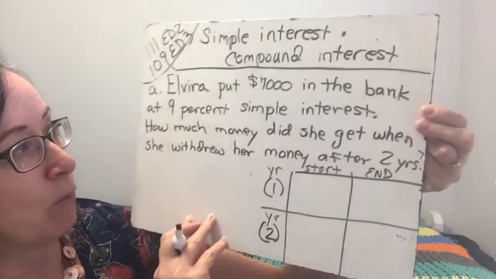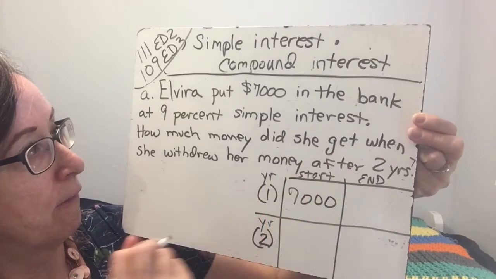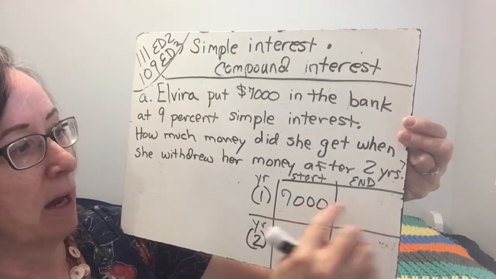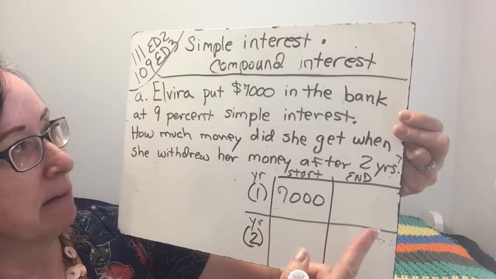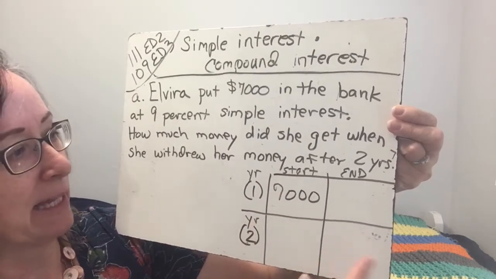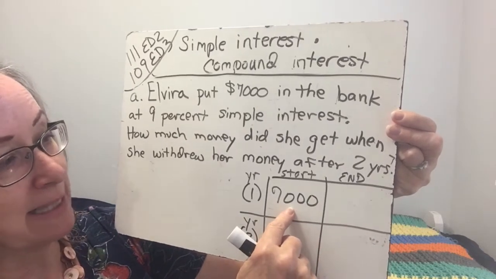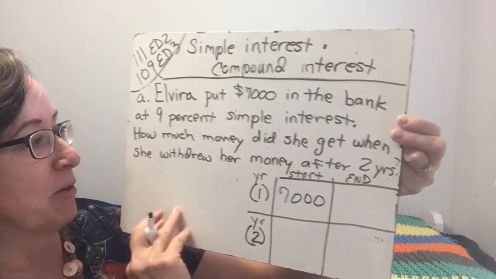So on this one, we are starting with $7,000. Since the money is not going to be put back, she's going to end up basically not pulling out the interest until after 2 years. So basically this is going to stay the same until she pulls out her interest at the end of the two years.